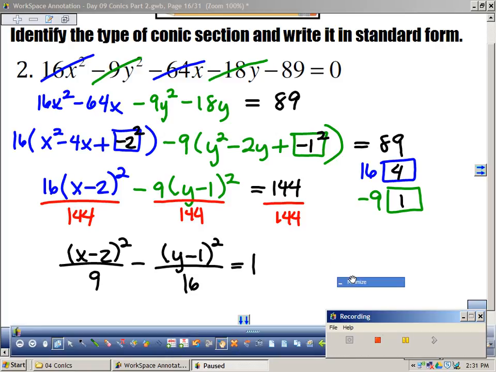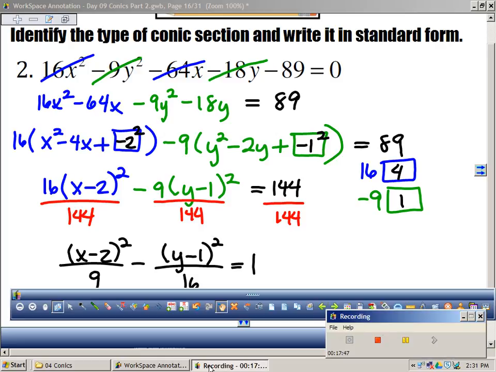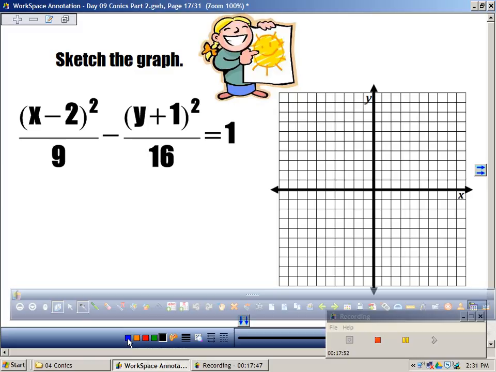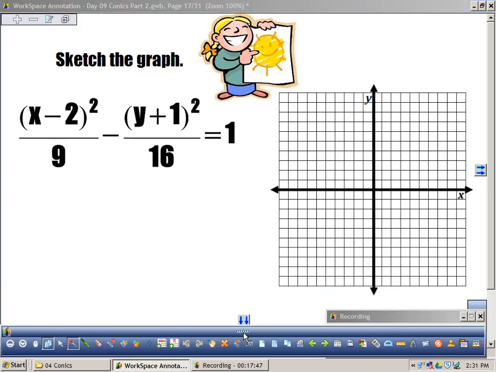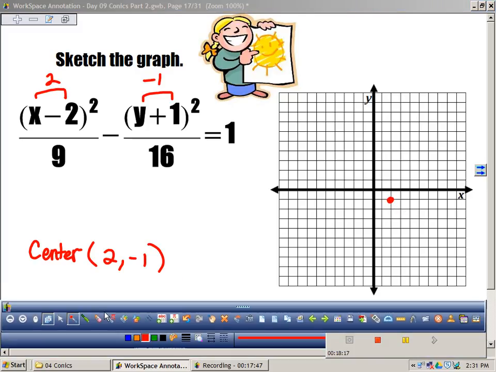Alrighty, so I'm going to go ahead and graph this one for you. Uh-oh, where'd it go? Oh, it's down here. Alright, so I'm going to ask myself what my center is. We'll stay consistent in our color. So my center is 2, negative 1.